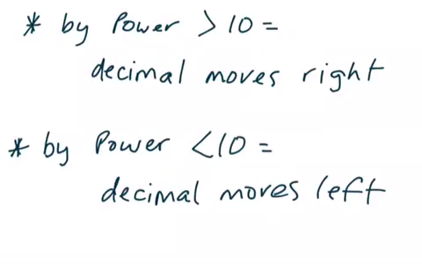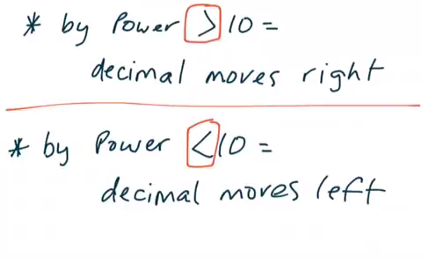So again, when you're looking at this, these are kind of the general rules that I want to see in your notes beyond just the examples. So this symbol right here means greater than. If you don't already know that, make sure you're working on remembering that. That symbol down at the bottom means less than. So here at the top, when you're multiplying by a power of 10 that's greater than 1, your decimal is going to move to the right.